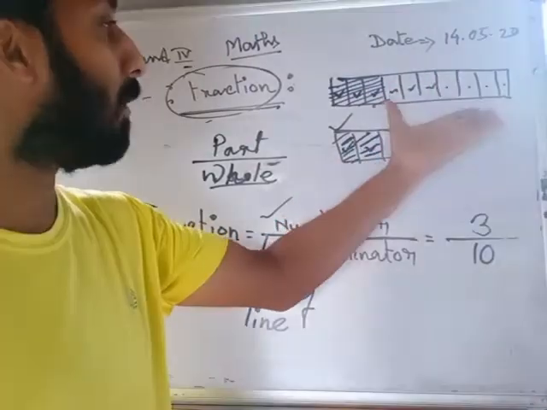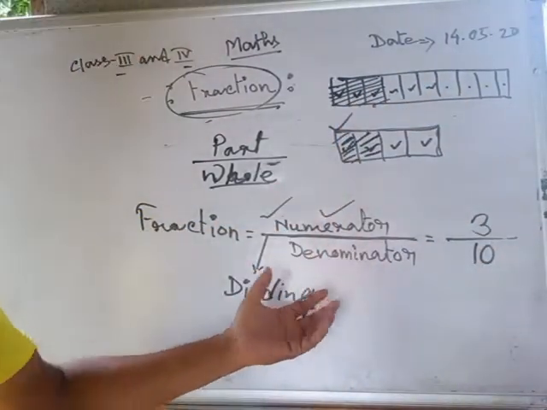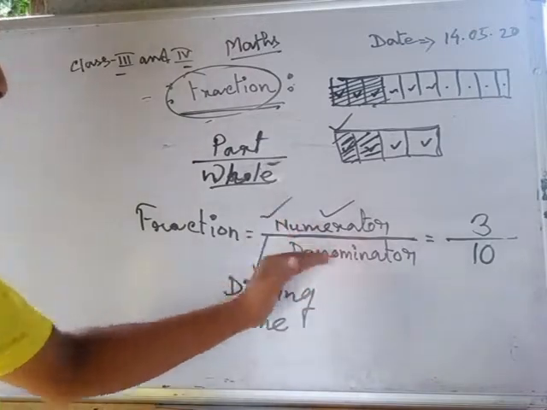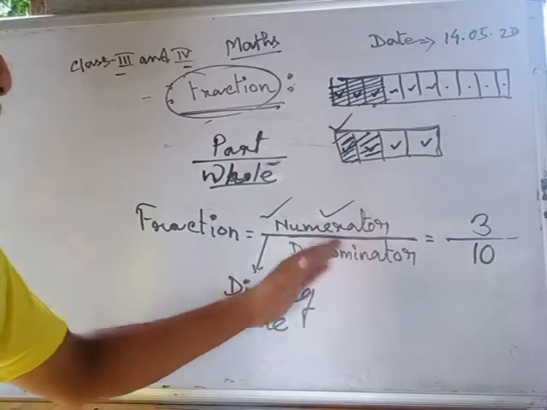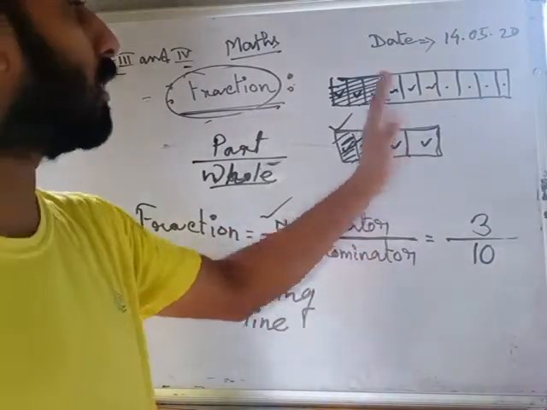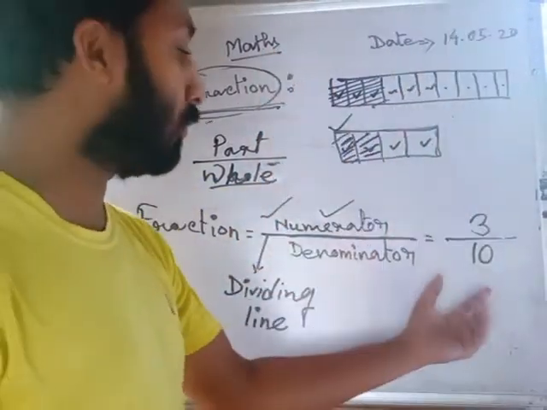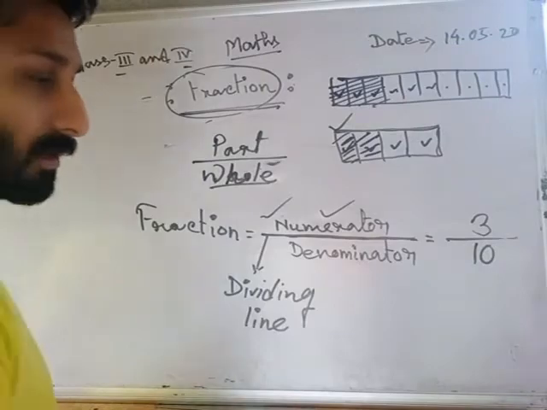It is the part of the total or part of whole, and denominator is the lower portion of the fraction. Denominator is how many parts in total we should write here. Do you understand?